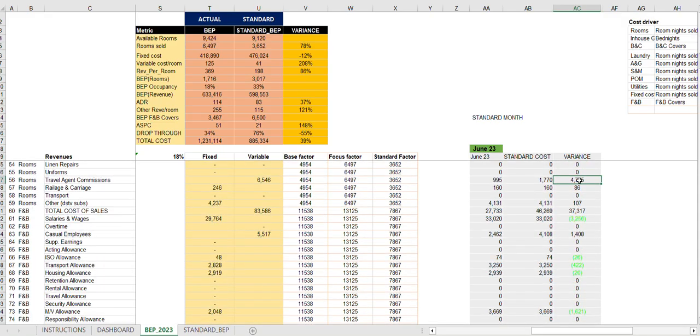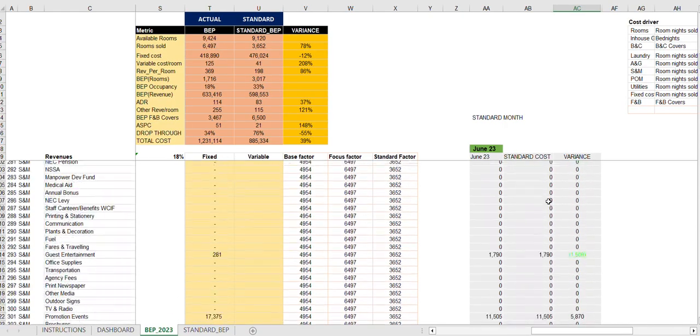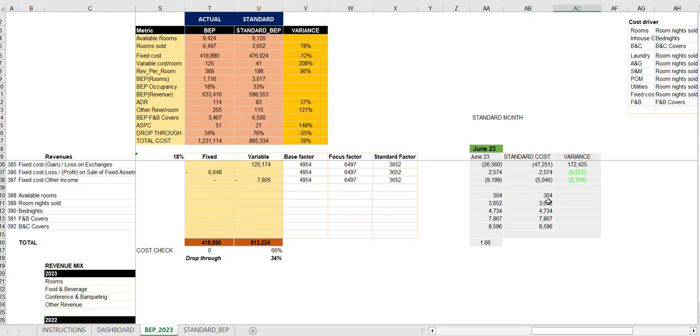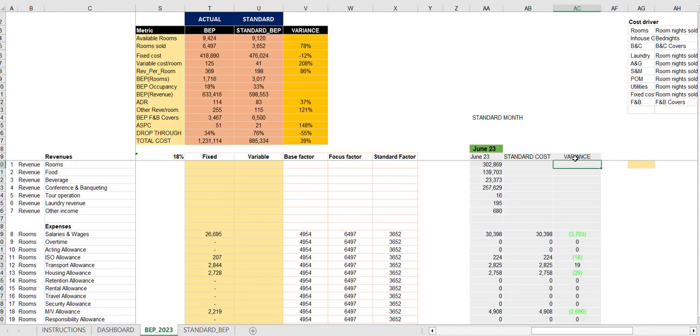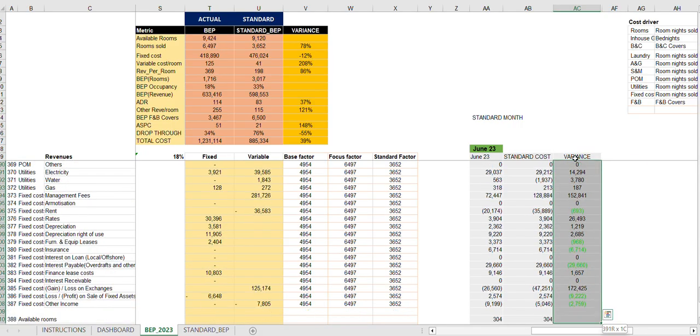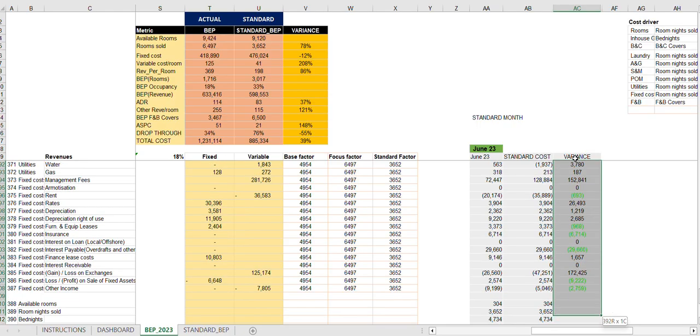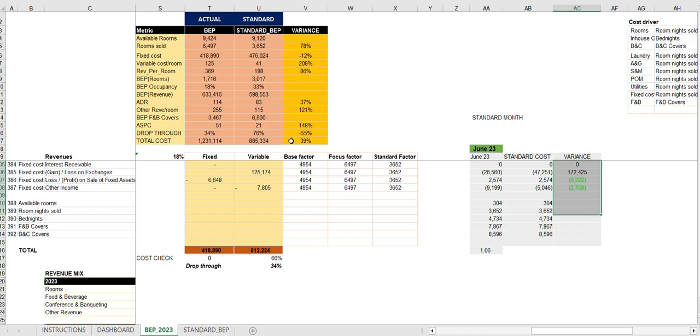And where you see positive, it means you went above the standard, what you were expected to achieve based on the standard. And the overall, you have at the end of the day here the net effect. If you sum together the variances, you get the net, either you are above or you are below. Like this, you can see 345 above.